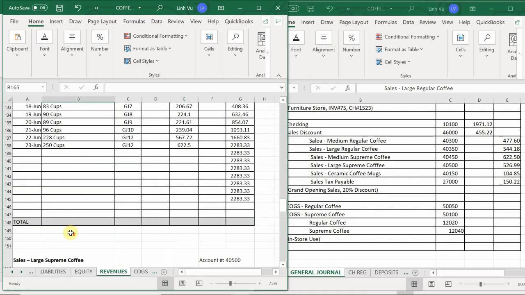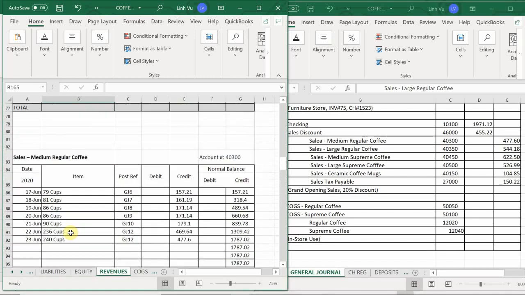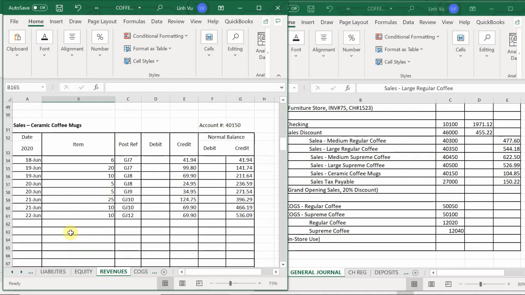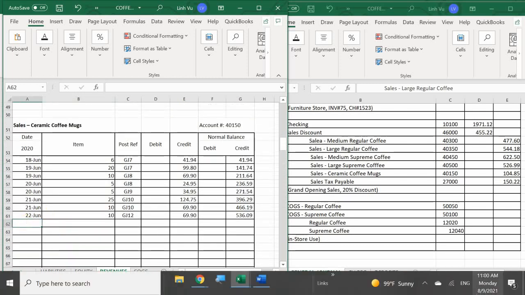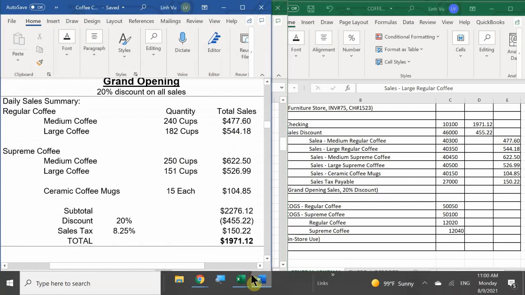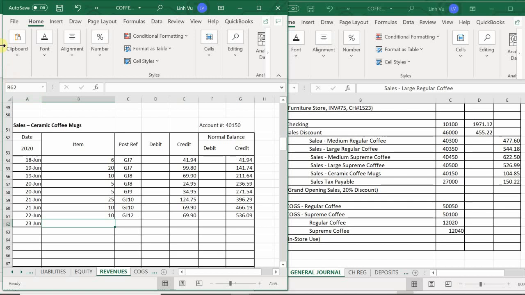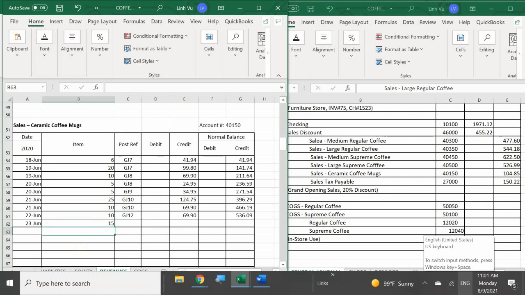Then I'm going to scroll all the way back up to go to the ceramic coffee mugs, which here we are. It is 6:23, and we sold a total of 15 ceramic coffee mugs, for a total of $104.85.